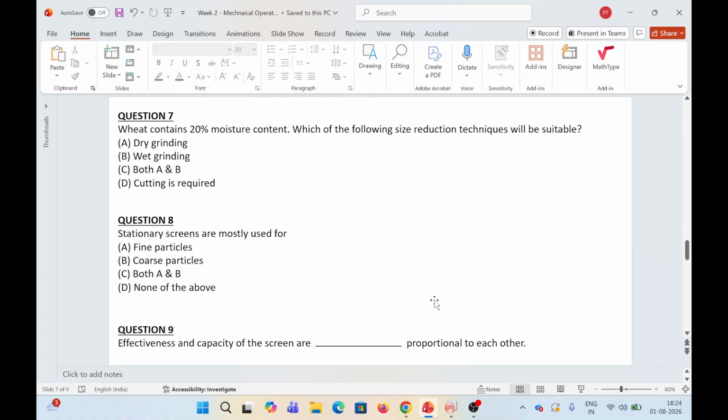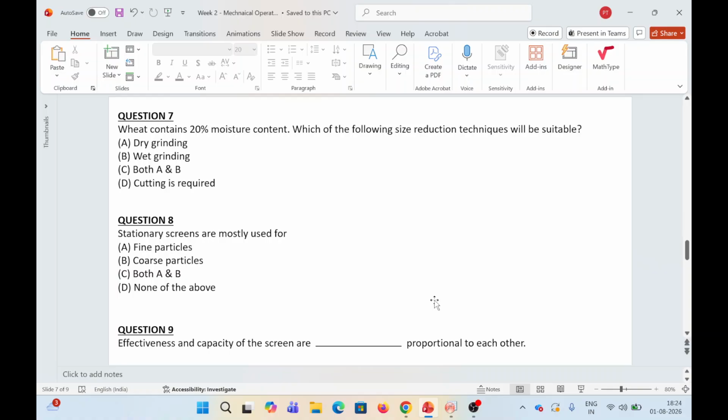So question 7. Wheat contains almost 20 percent moisture. Which of the following size reduction methods will be suitable? A, dry grinding; B, wet grinding; C, both A and B; D, cutting is required. Dry grinding. Anyone else? Any other answers?